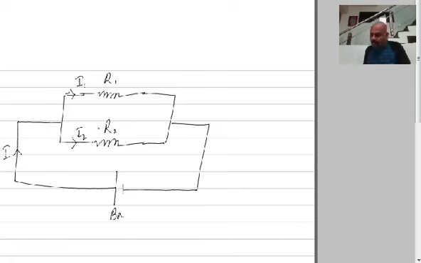One thing we know very clearly, that the potential difference across the two resistors will be the same because they are in parallel. When the resistors are connected in parallel, the potential drop across the two resistors is the same.